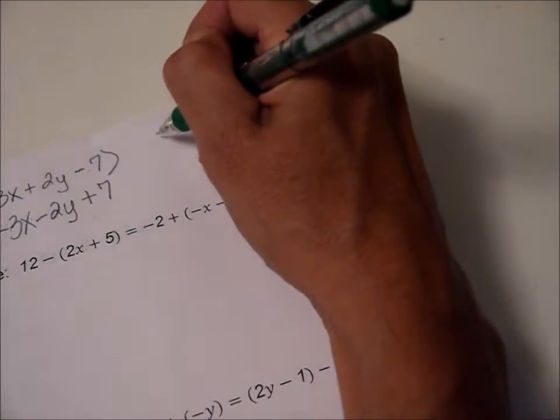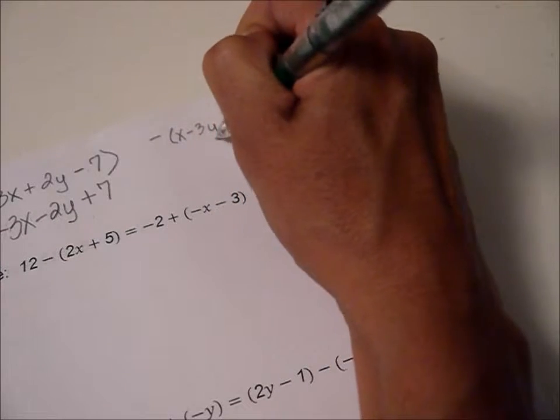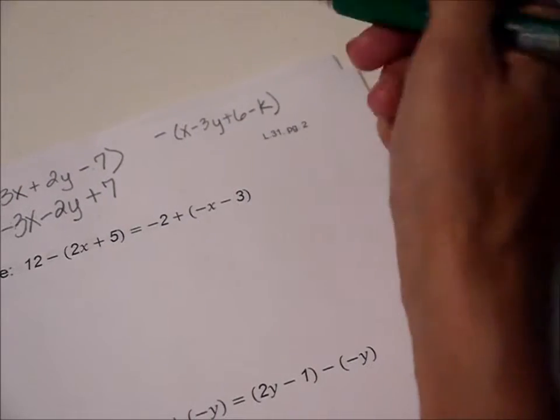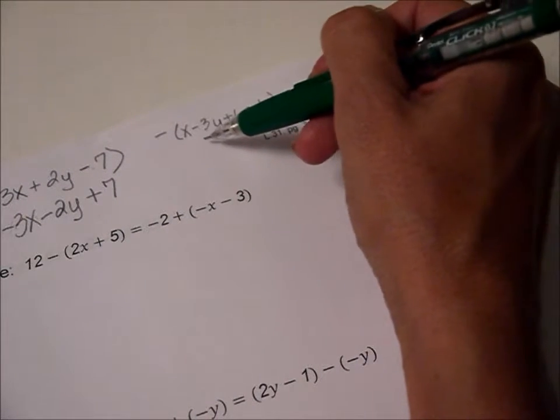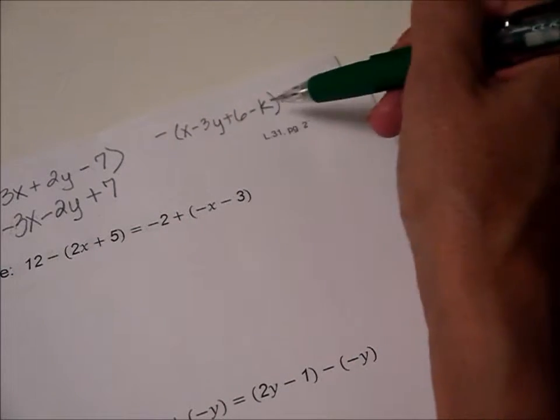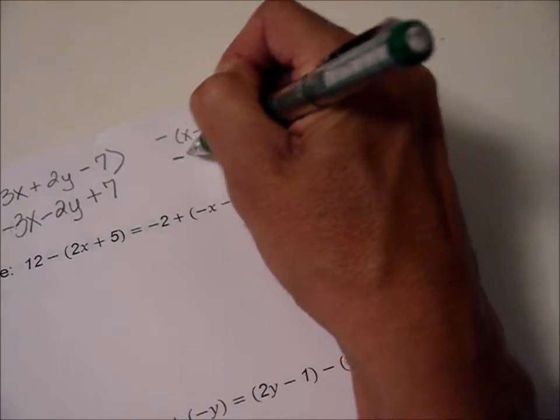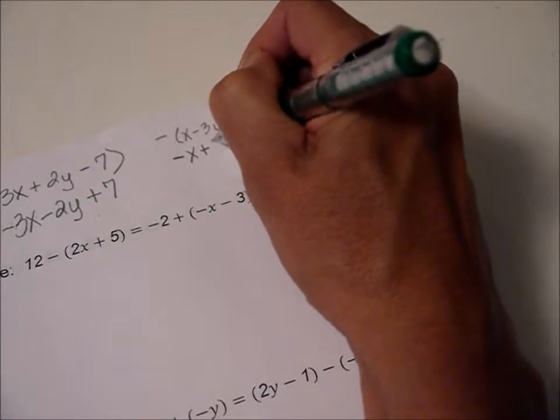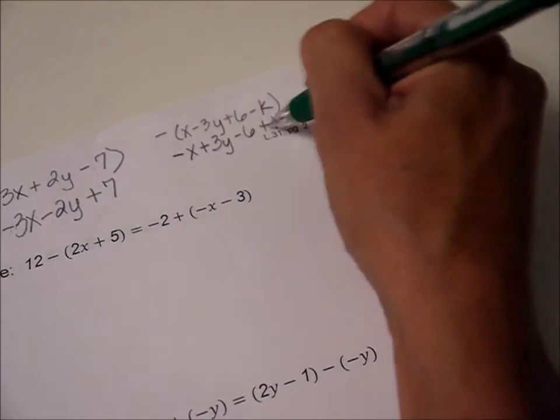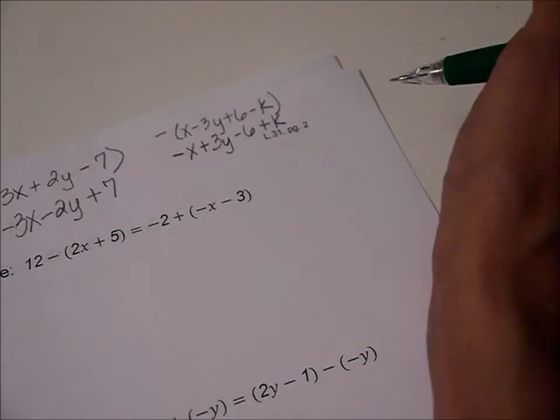Let's say you have negative on the outside, the opposite of the quantity x minus 3y plus 6 minus k. How that would turn without the parentheses is now you would have minus x plus 3y minus 6 plus k. So everybody's signs changed, and now the parentheses are gone.